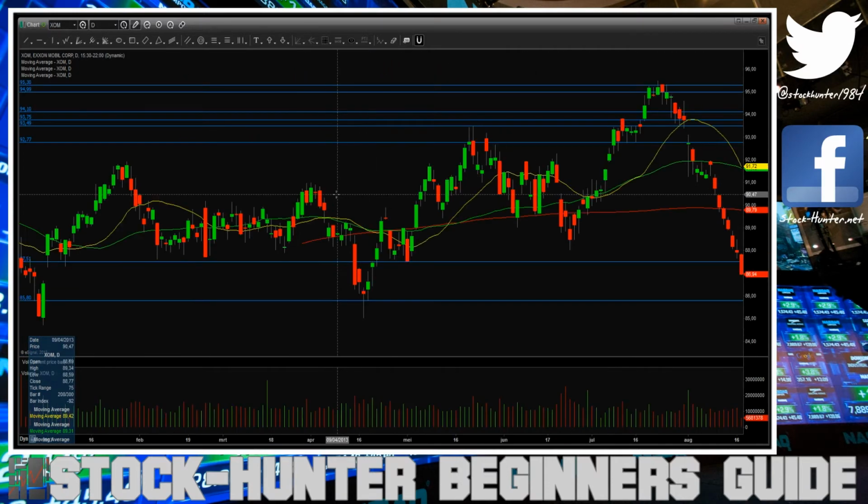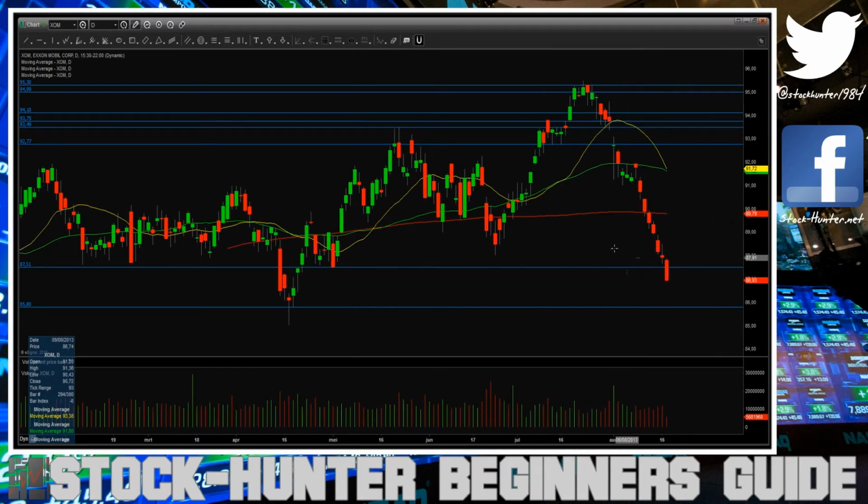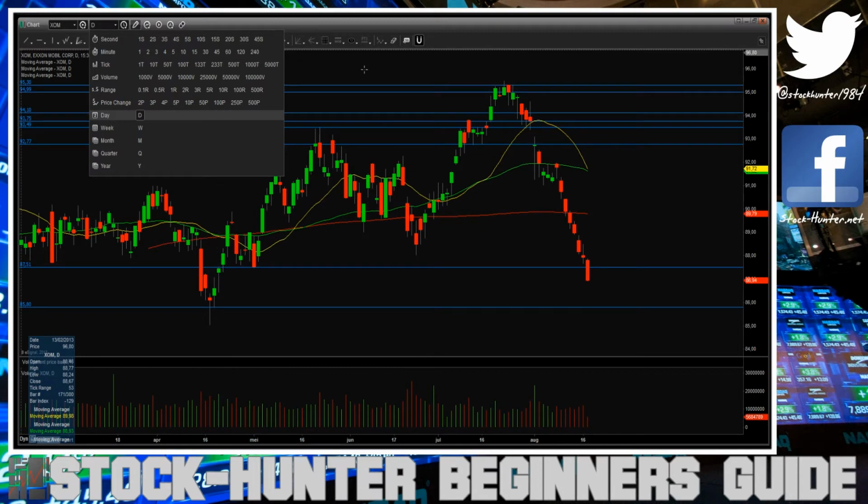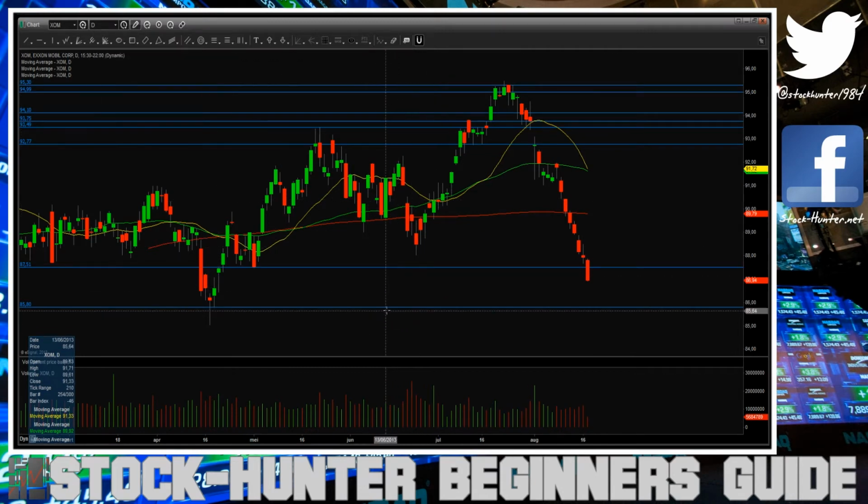Okay, let's go over ExxonMobil here. Still a weak name. As you can see, today we're breaking down. The first big support that I see on ExxonMobil will be this 85.80 to this low around 85, the peers of the even number.